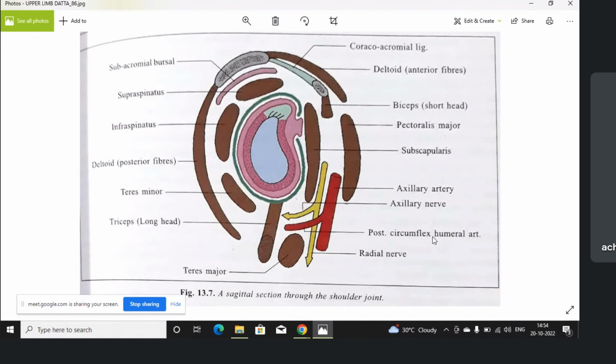Rotator cuff muscles. Anteriorly: pectoralis major muscle, short head of biceps muscle, subscapularis muscle.